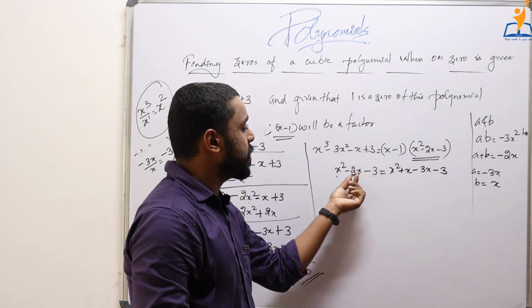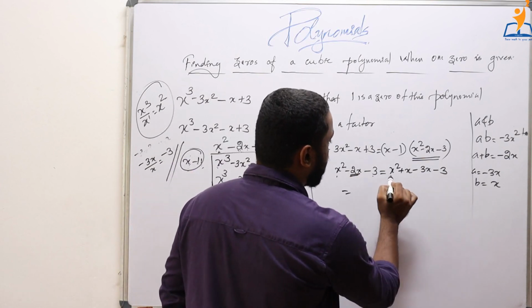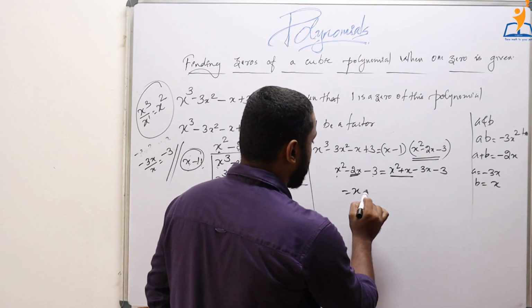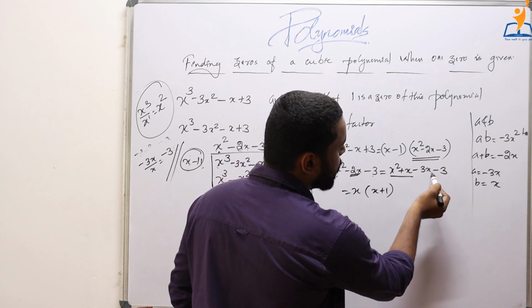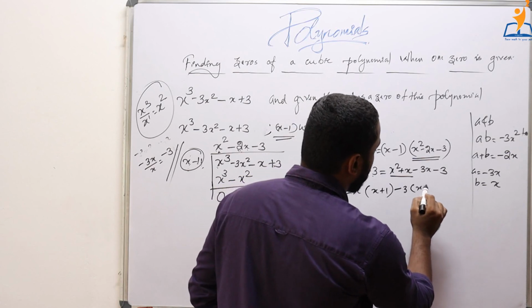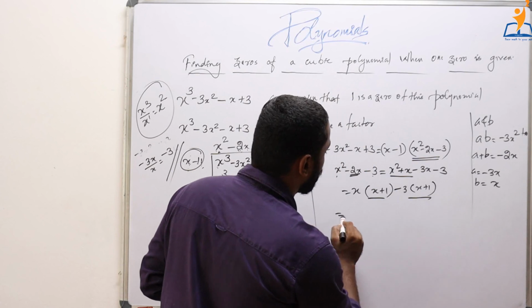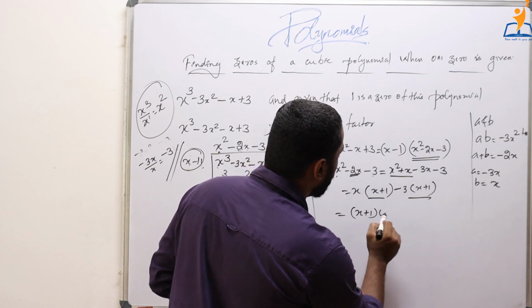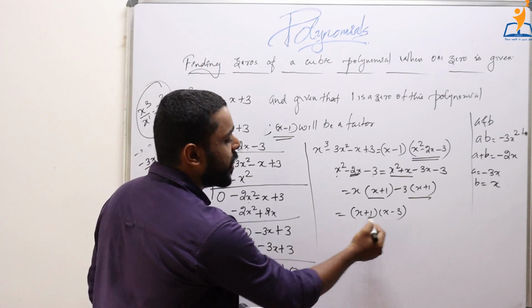See, x minus 3x is nothing but minus 2x. Now we can take common factors. We can take x common here, x into x plus 1. We can take minus 3 common here, minus 3 into x plus 1. Now we can take x plus 1 out of these both terms. So we get x plus 1 into x minus 3. So the zeros are the zeros of this polynomial.